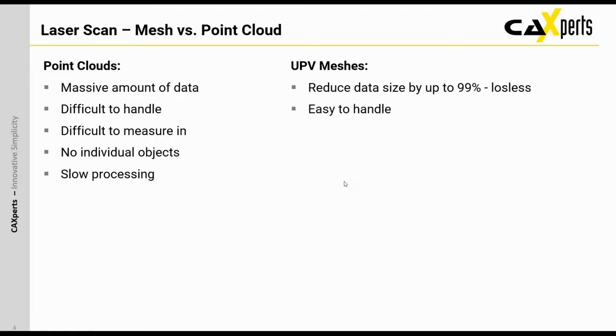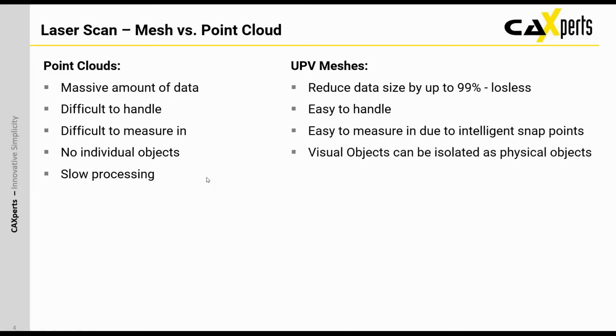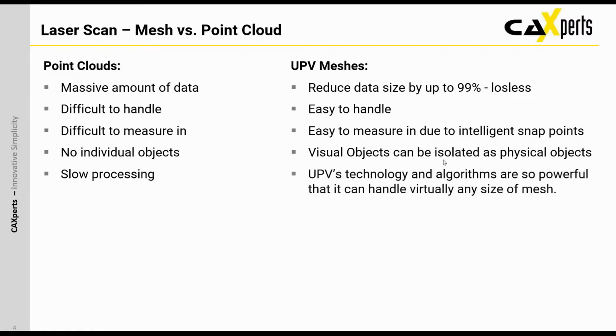It's therefore easier to handle, and it's easy to measure due to the intelligent snap points that our objects and laser scans get. You can even convert visual objects into isolated individual physical objects that can be turned on and off independently from the rest of the laser scan. And all in all, UPV technology and algorithms are so powerful that it can handle virtually any size of mesh.